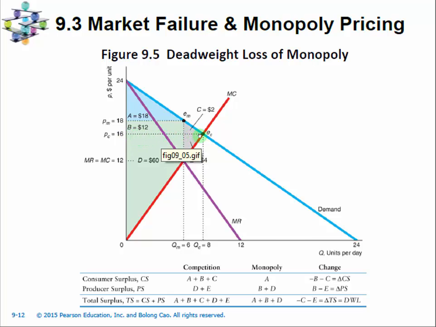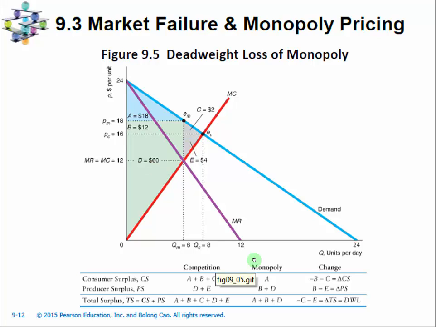So if this is a picture for a perfect competition, then the price will be 16 and the output quantity supplied by the firms in the market will be 8. The consumer surplus will be area A, area B, and area C. In perfect competition, the producer surplus will be area D plus area E. So the total surplus in perfect competition in this picture will be A plus B plus C plus D plus E.